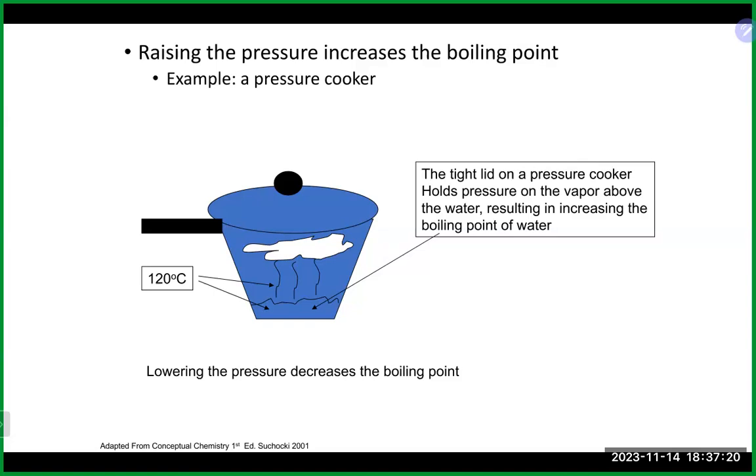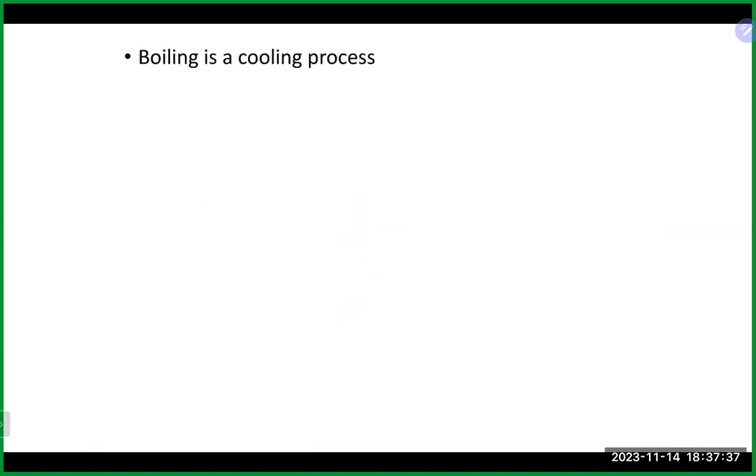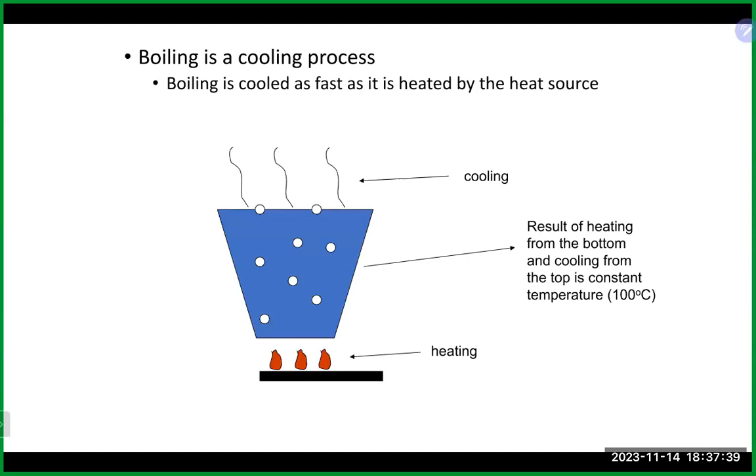Pressure has an effect on things like boiling points. If you're in Colorado, things will boil at different temperatures than down here, because they're at a different altitude than we are over here. Boiling, oddly enough, is a cooling process.